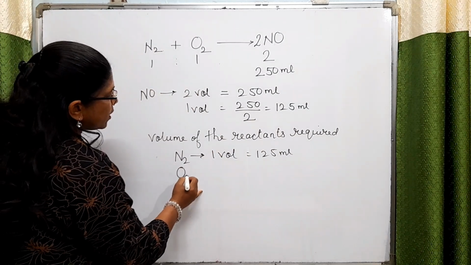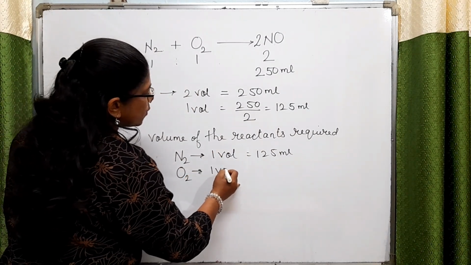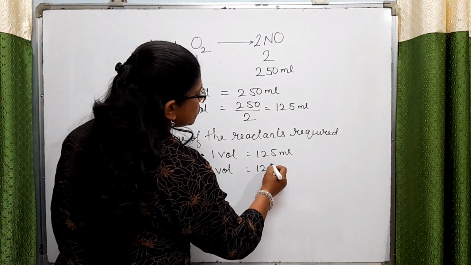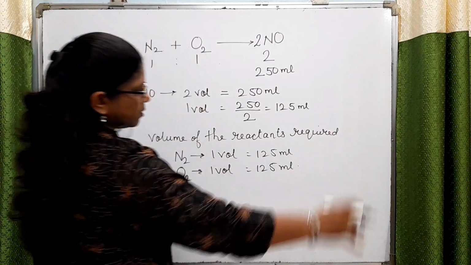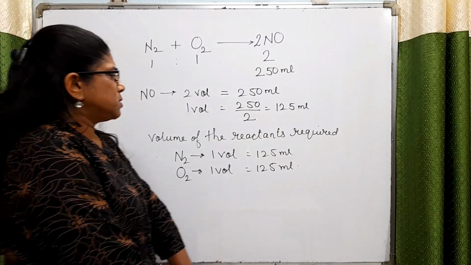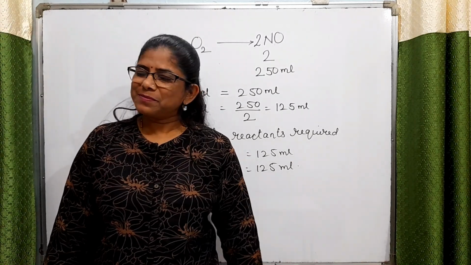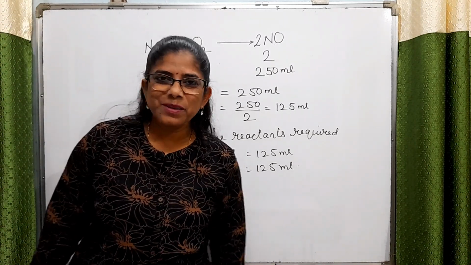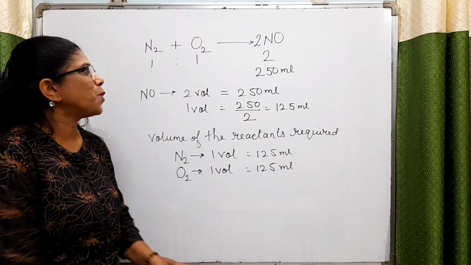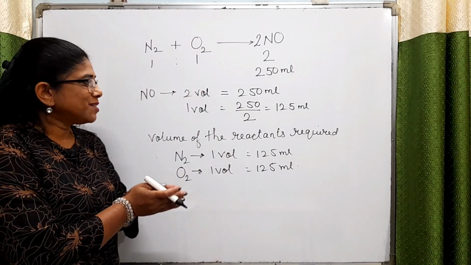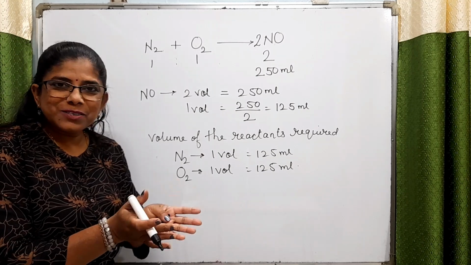The next reactant required is oxygen, 1 volume, which is equal to 125 ml. This example was quite simple. This was a very easy example based on Gay-Lussac's law. I hope even this example is quite clear to you.